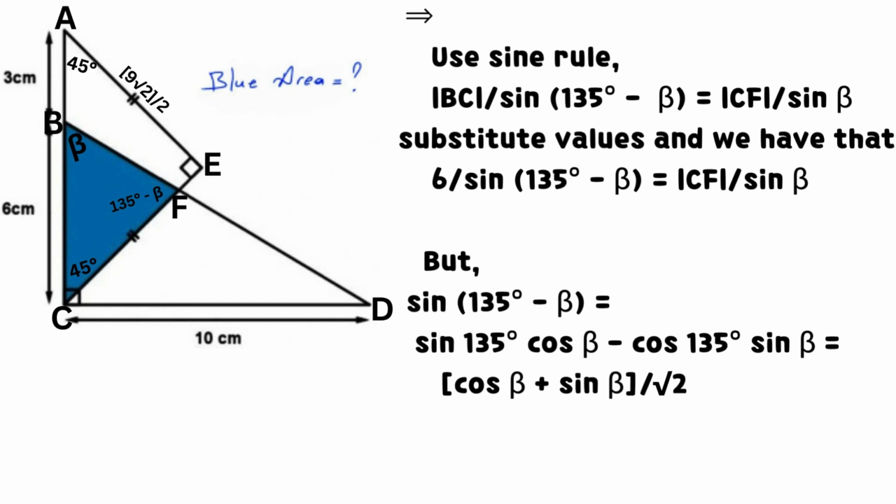Substitute values, and we have that 6 divided by sine of 135 degrees minus beta equals line CF divided by sine beta. But sine of 135 degrees minus beta equals half the sum of cosine beta and sine beta.